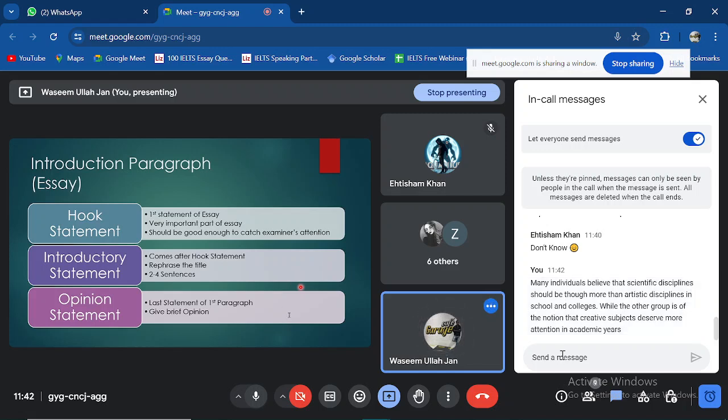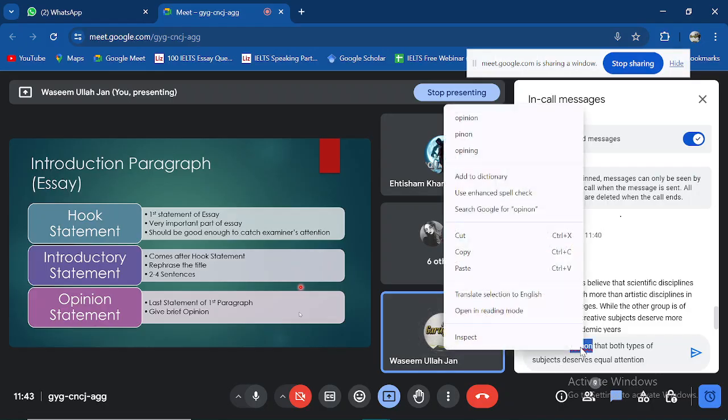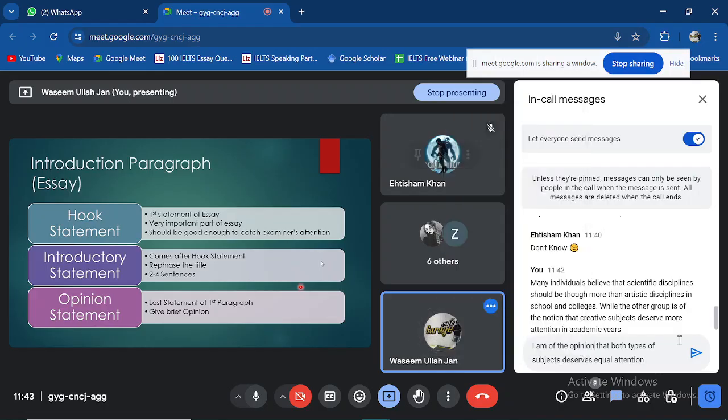So I am of the opinion that both types of subjects deserve equal attention at schools, at educational institutes.